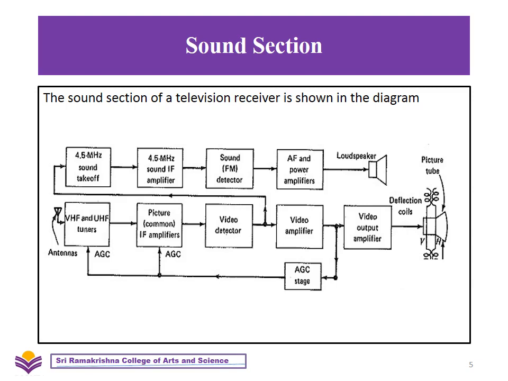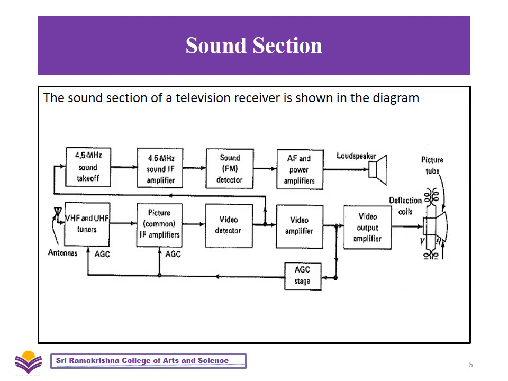The video detector will detect the IF amplified signal, and it will separate the audio signal and video signal in this video detector. The video signal separated from the circuit is given to the next stage, which is called a video amplifier.